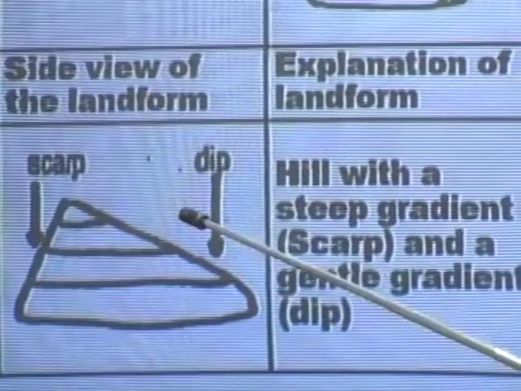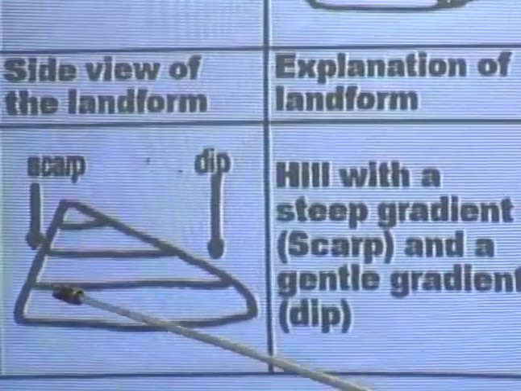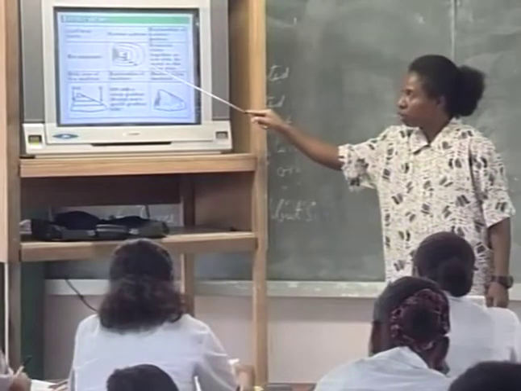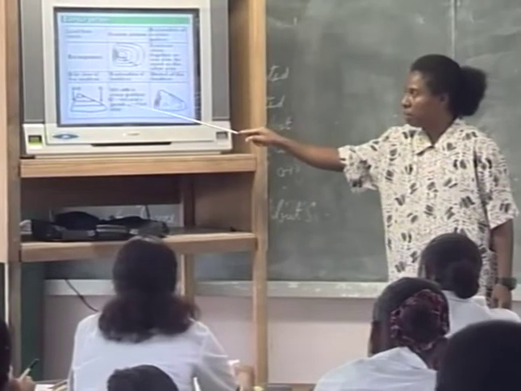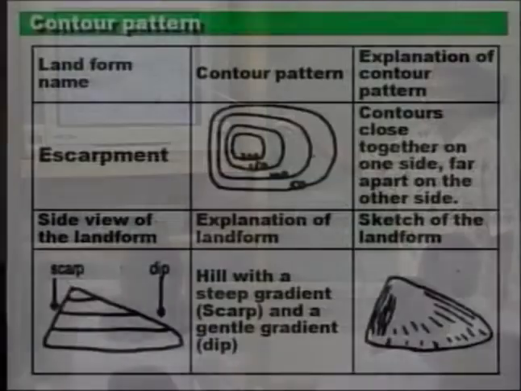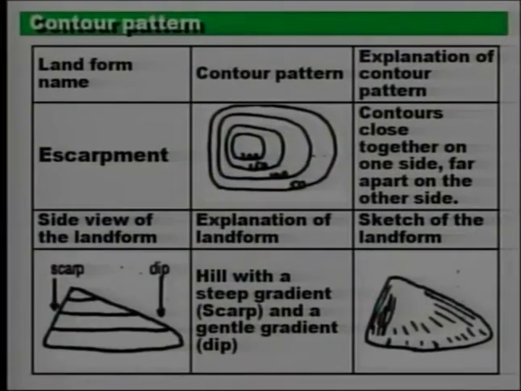So a scarp represents the steep side of an escarpment where the contour patterns are close together, and a dip represents the gentle side of that feature where the contour lines are further away from each other. The side view of the landform here and the sketch of that landform as shown here.